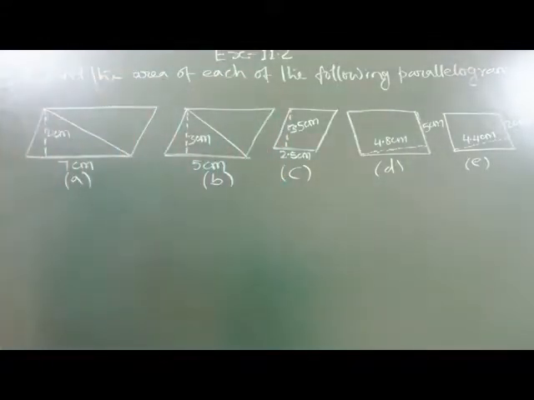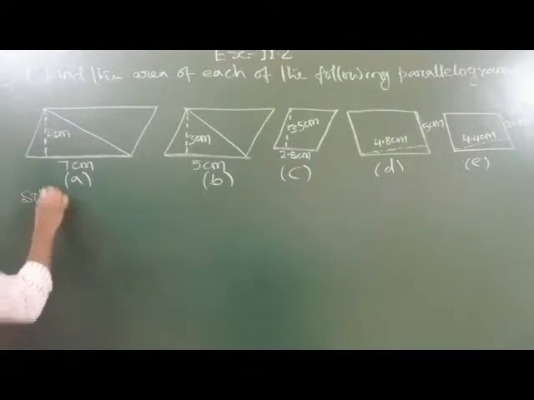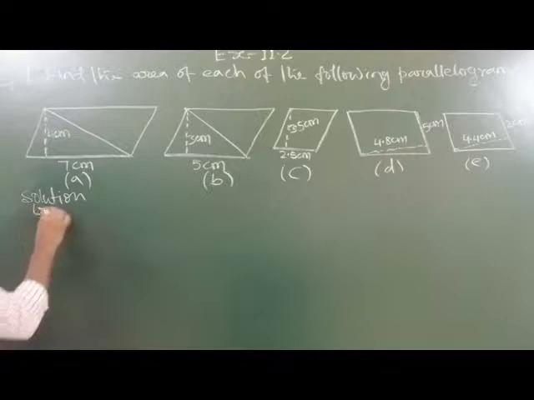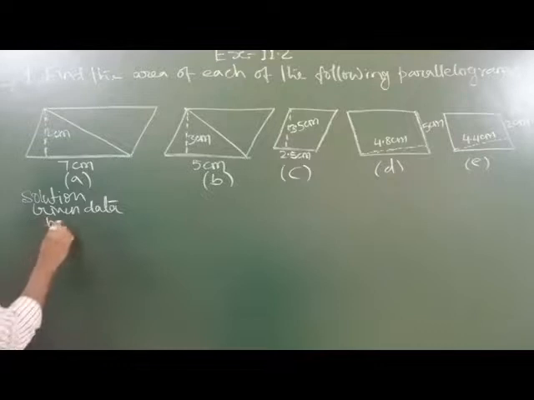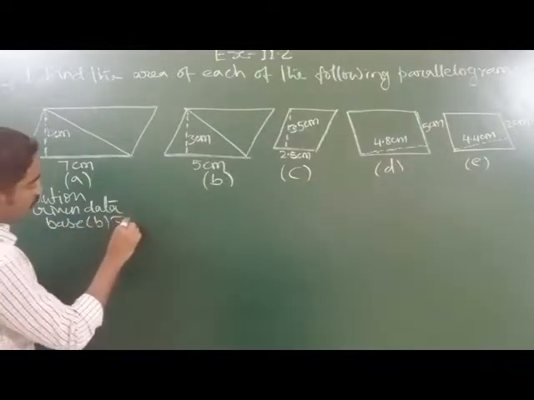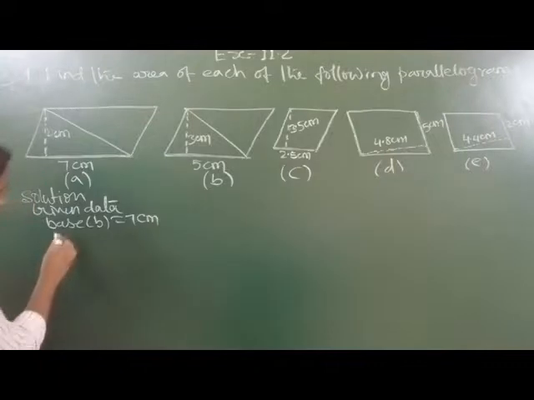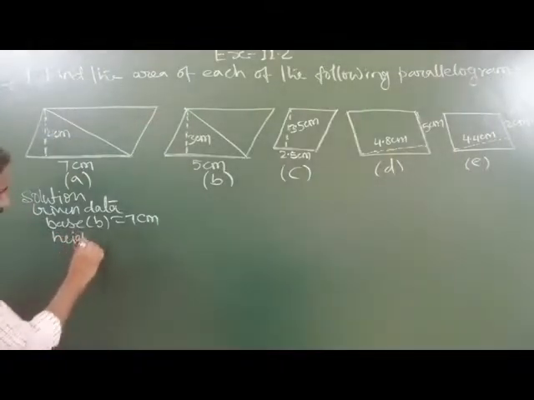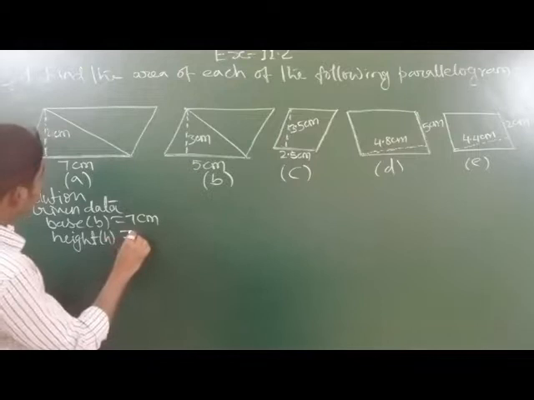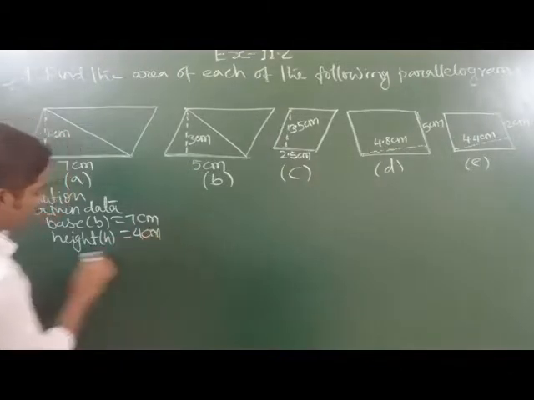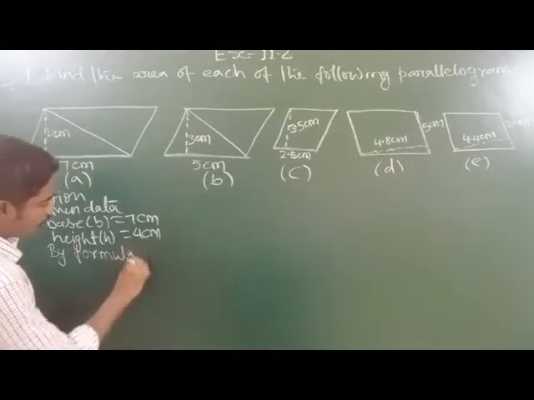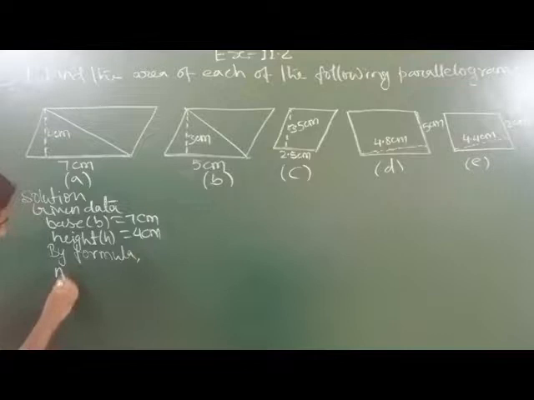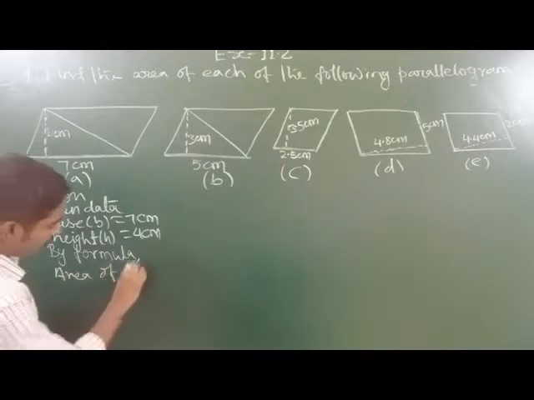Now I am going to start the solution from here, students, A. First we will write solution, then given data. What are the given data here, students? Base B is equal to how much? 7 centimeter. Height is given how much? 4 centimeter. Now we will write the formula: area of parallelogram.